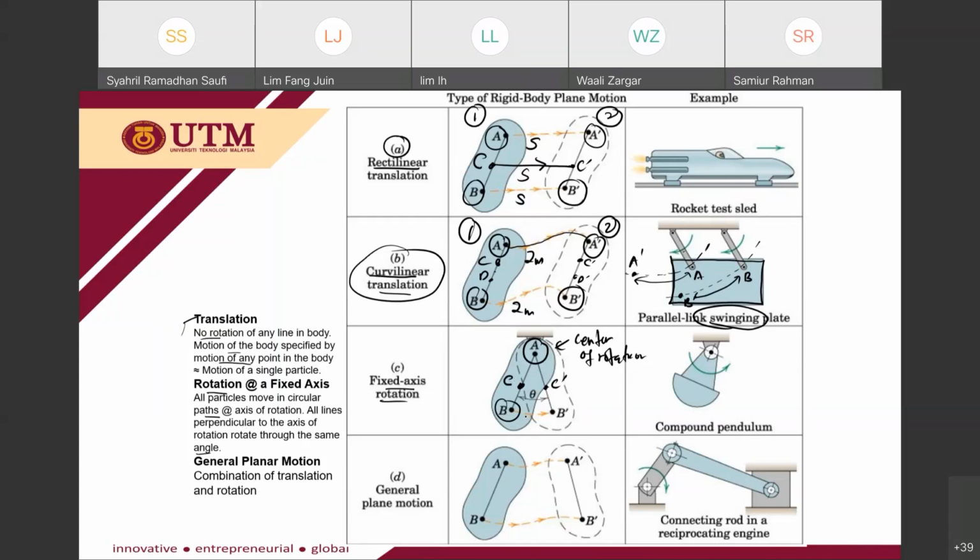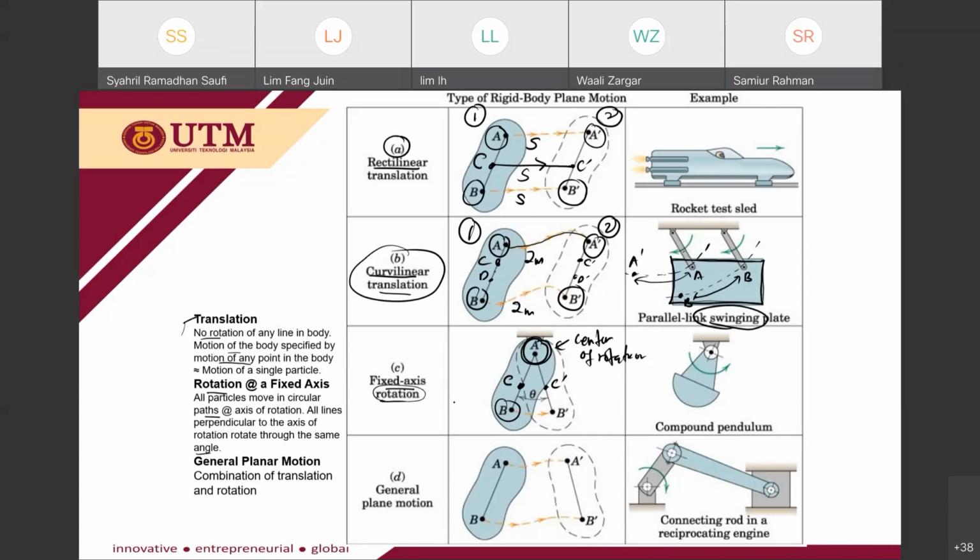For rotation, you have a fixed axis or center of rotation. For the curvilinear translation, for this plate, you don't have a center of rotation. There is a difference between curvilinear translation and rotation. Rotation needs one fixed center of rotation, and this center is not moving.